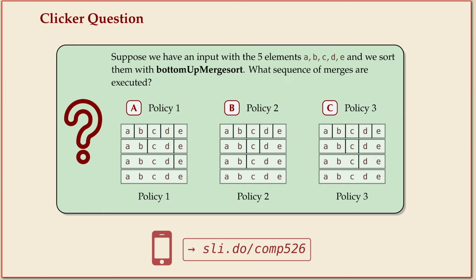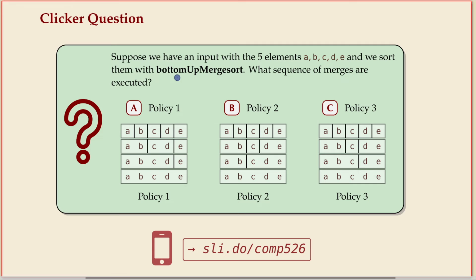Let's see if you followed this rule. Suppose we run the standard bottom-up merge sort, not the one that tries to find sorted segments. That's why I gave you letters. Suppose they're not ordered already.